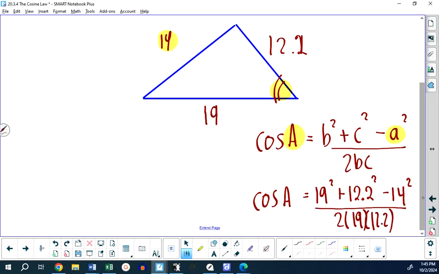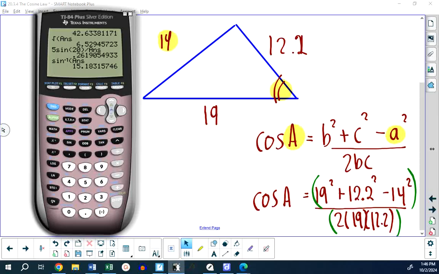Now, can you enter this all in your calculator at once? Yes, but you need a single set of brackets around the entire denominator and a single set around the entire numerator, unless you want to do it in pieces. Which I do. This is how I do it.